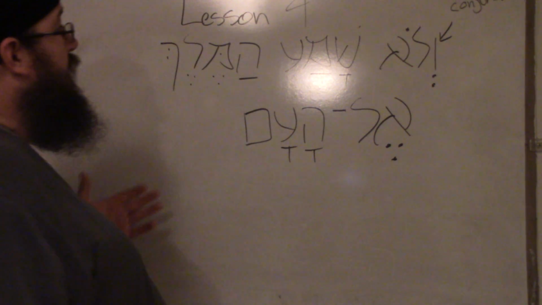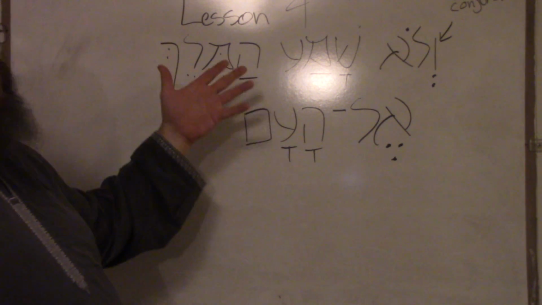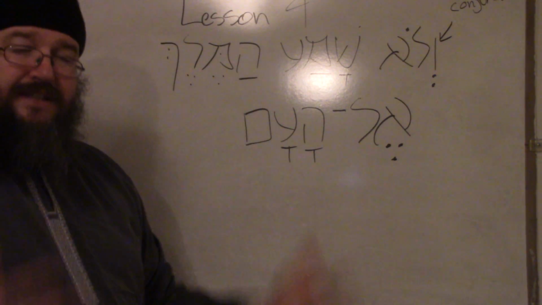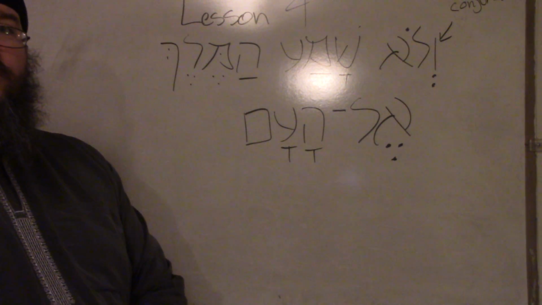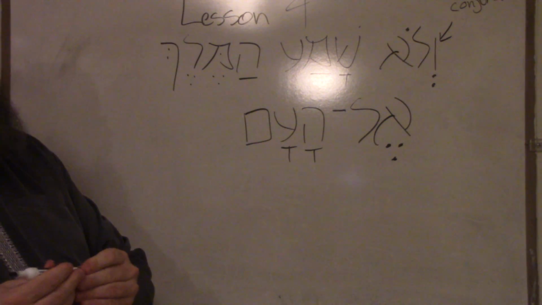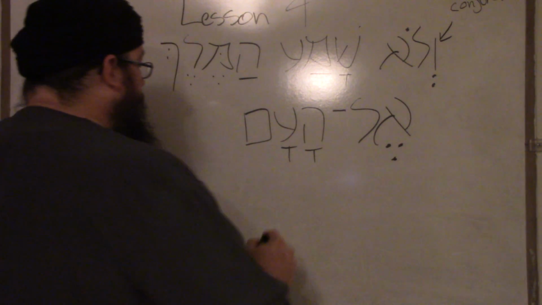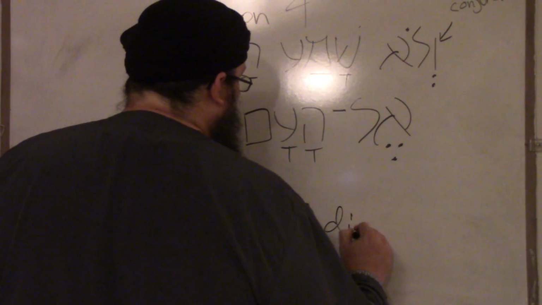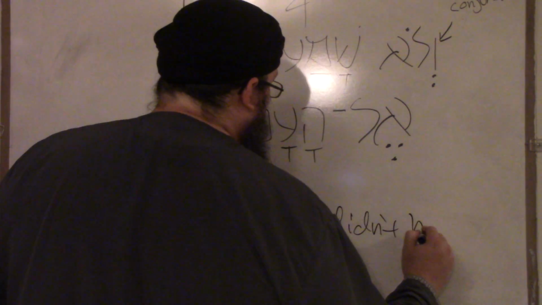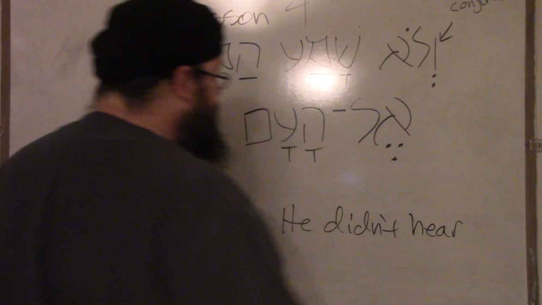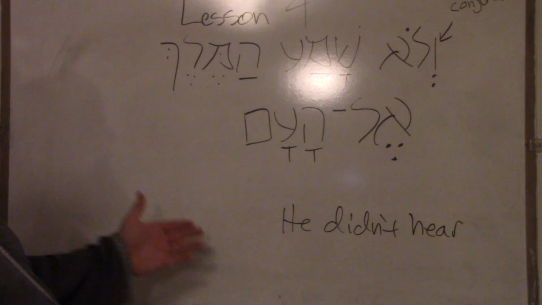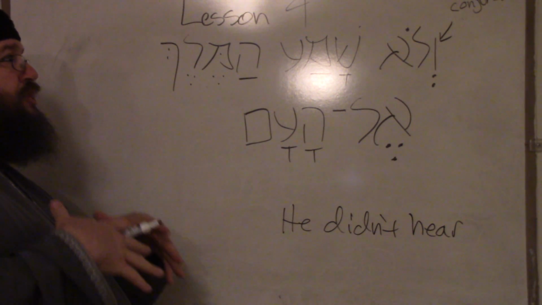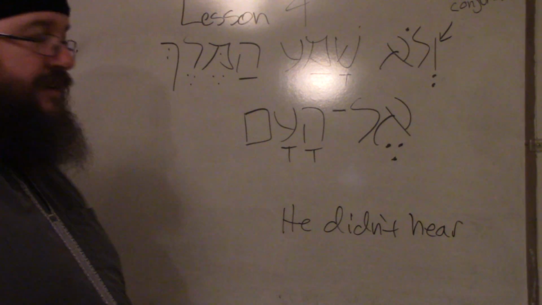And so therefore, when I see lo before shema, if it means "he heard," the opposite is what I'm going to be reading and translating. So lo shema, you're going to say "he didn't hear." Alright? He didn't hear. Shema, he heard. Lo shema, he didn't hear.